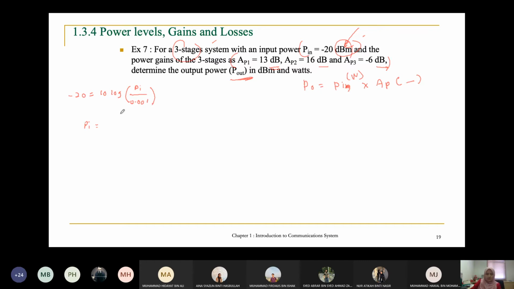Ten microwatt. Okay, step by step, this should be 10 to the power of negative 2 is equals to P in divided by 0.001. So you can calculate P in is equals to 10 to the power of negative 5.